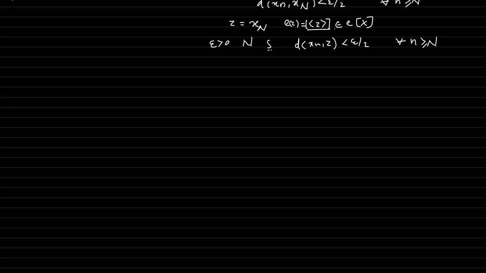Now from this, consider the d dash of the class represented by xn and the class represented by z. By the definition of d dash, this is equal to the limit of d of xn and the nth term of this sequence is z, because this is a constant sequence.